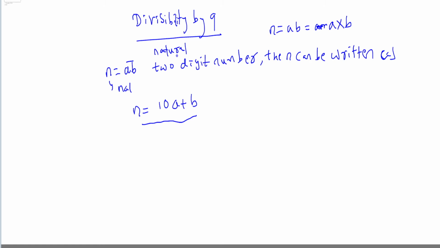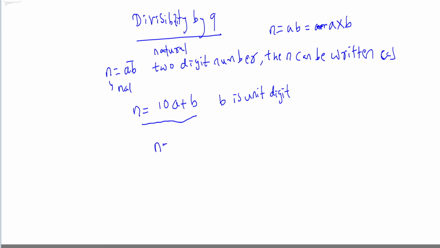Either it should be an integer or natural number, I can say positive integer. Now, where b is the unit digit, b is the unit digit.